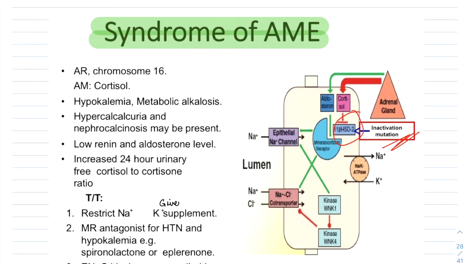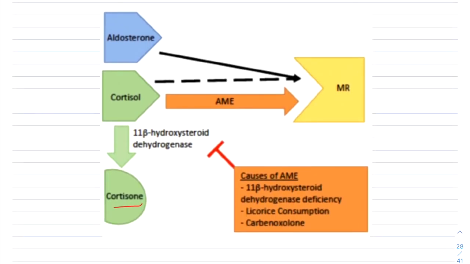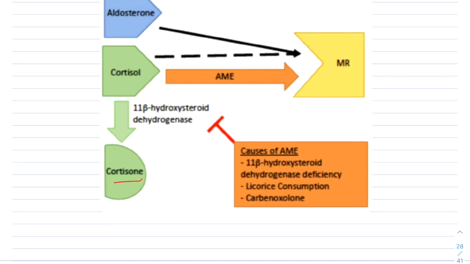So, let me remind you about the action of 11-beta hydroxysteroid dehydrogenase type 2 by looking at the diagram below. Remember, both aldosterone and cortisol have an action on the mineralocorticoid receptor.